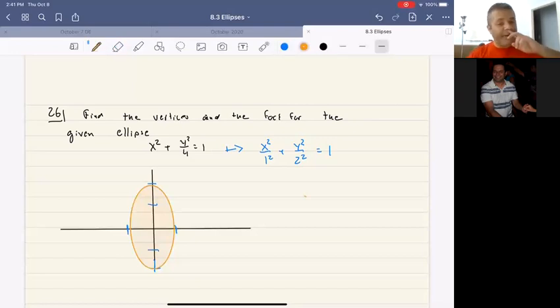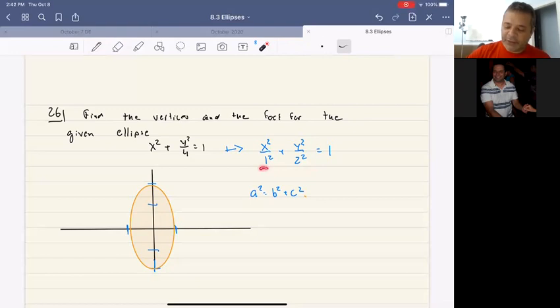Now we've got to find the foci. Remember, the foci are given by a squared equals b squared plus c squared, where a is the larger of these two numbers and b is the smaller. So in this case, 4, that's 2 squared, equals 1, that's 1 squared, plus c squared.